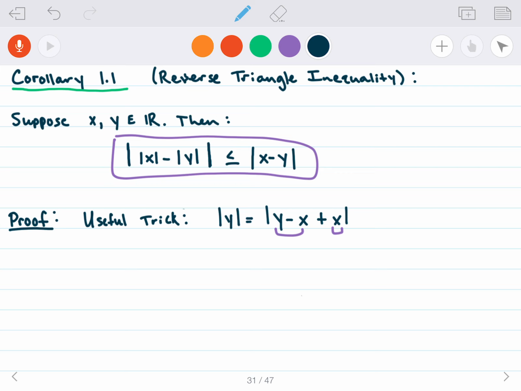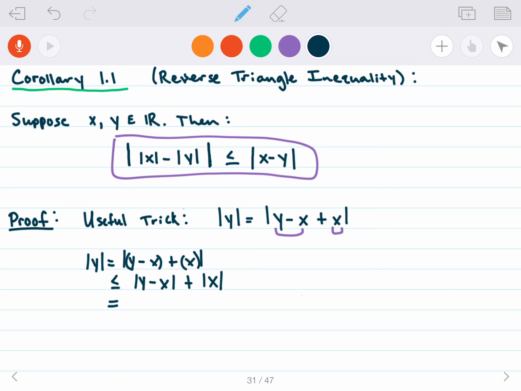Okay, so by the triangle inequality, we have y is equal to, well, we just defined it as this. And this is going to be less than or equal to, well, you see I'm breaking it up as follows: abs y minus x plus abs x.